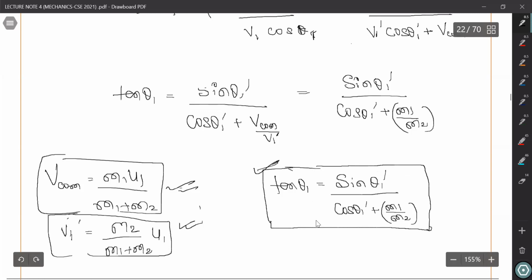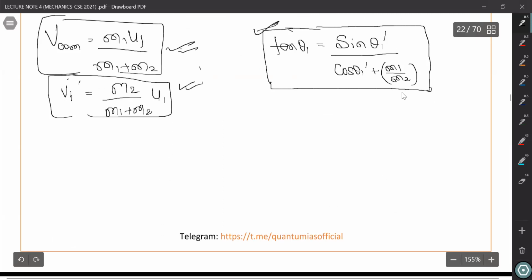Okay. So what will be the effect of m1 by m2 here? We need to understand this also. Let's suppose m1 is greater than m2. Then the whole thing will become positive, and theta 1 will become less than 90 degrees.